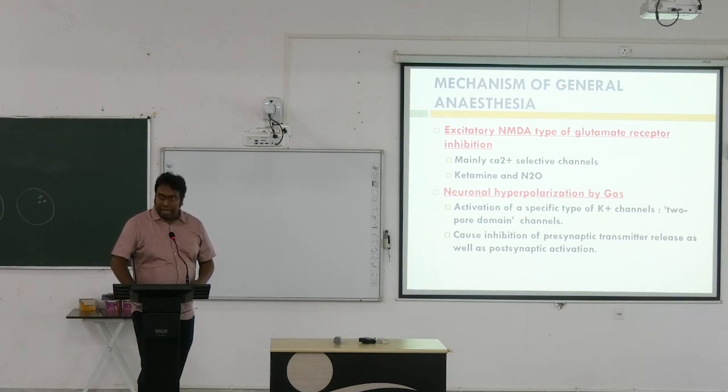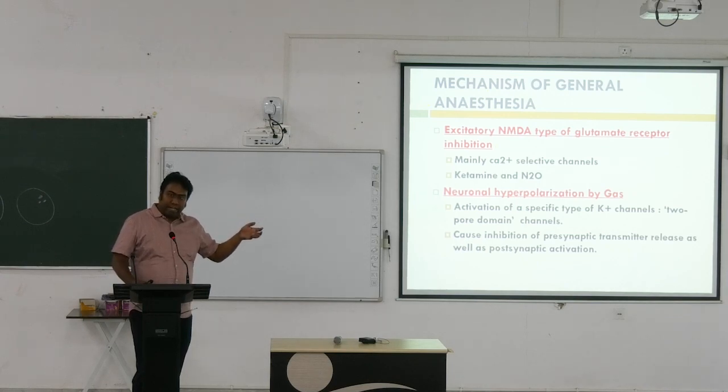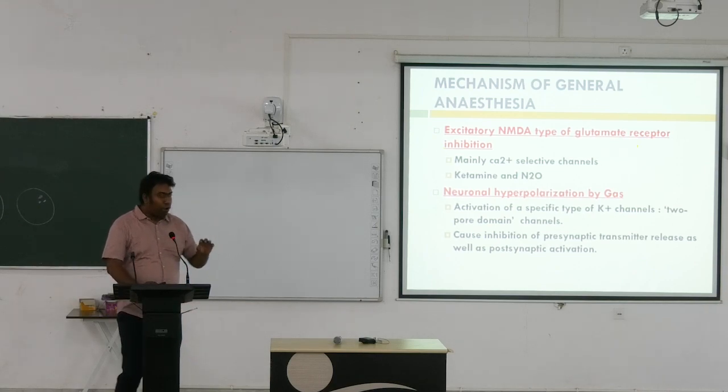NMDA, AMPA, kainate, three types of amino acid receptors. Here NMDA, glutamate type of receptors, they are blocked. So this is excitatory. Two inhibitory, GABA A and glycine, are stimulated, increasing chloride conduction, whereas excitatory neurotransmitters in the CNS, the cholinergic one, nicotinic type of cholinergic, as well as NMDA, they block this.